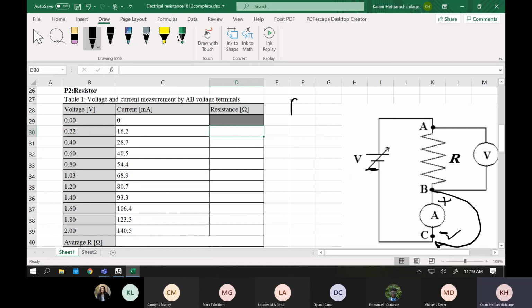Resistance, we know that we can calculate by doing V over I. So that's what we're going to do in here. Go to this cell and type equal, voltage is your first cell, give the reference to that one, and then you're going to divide that by the current, but this current is now in milliamps. Make sure that I need to convert into amps, right? Milliamps is 10 to the negative 3, so I need to convert that.